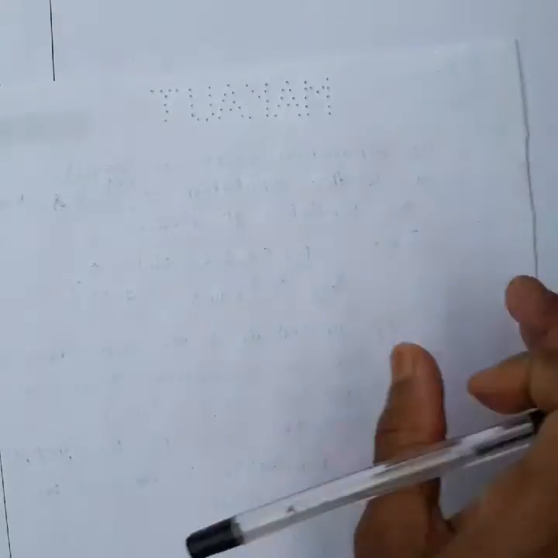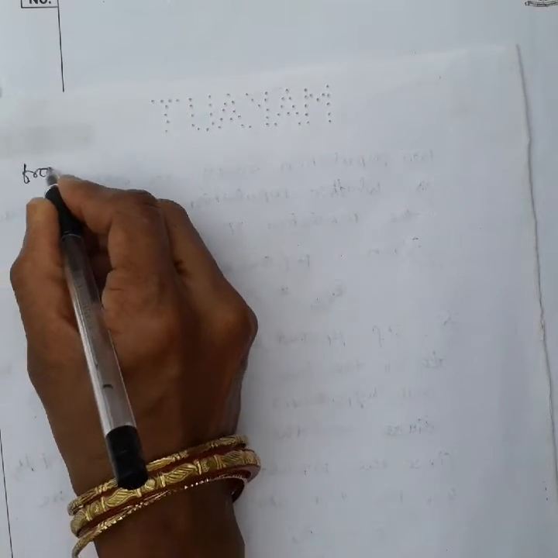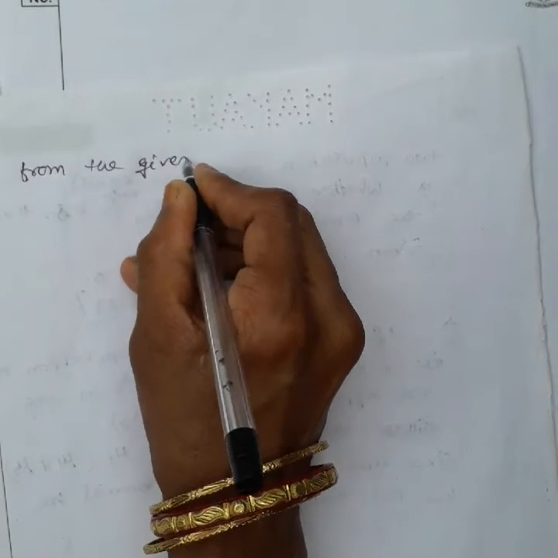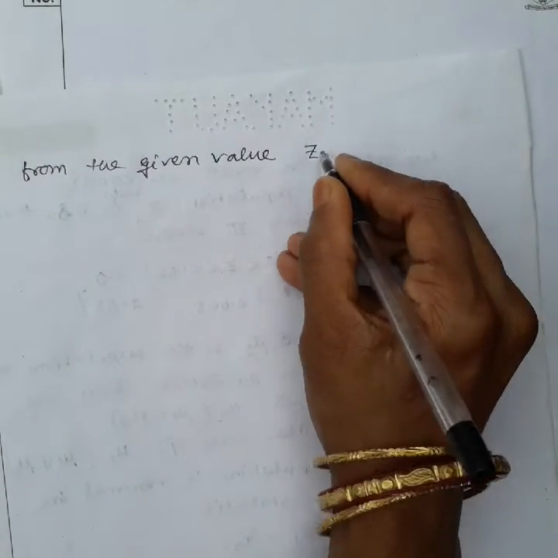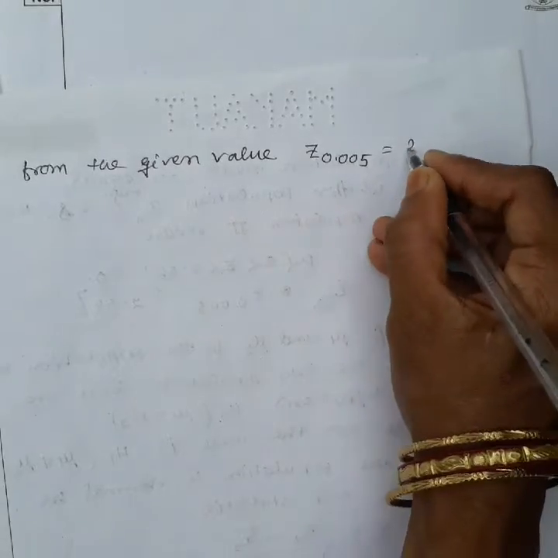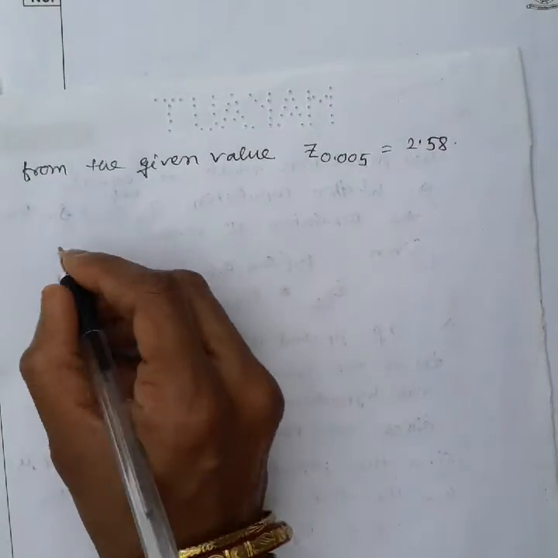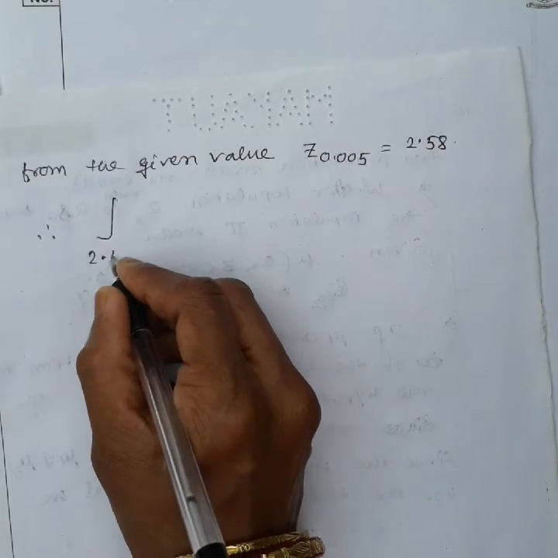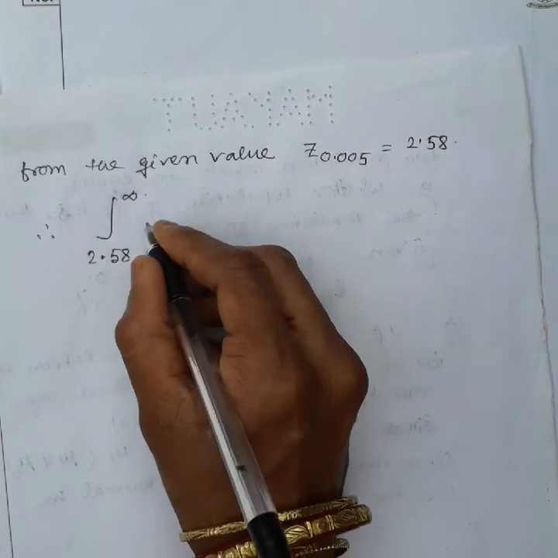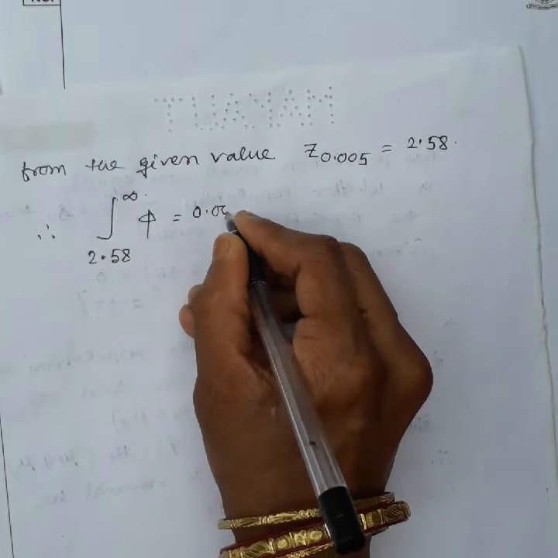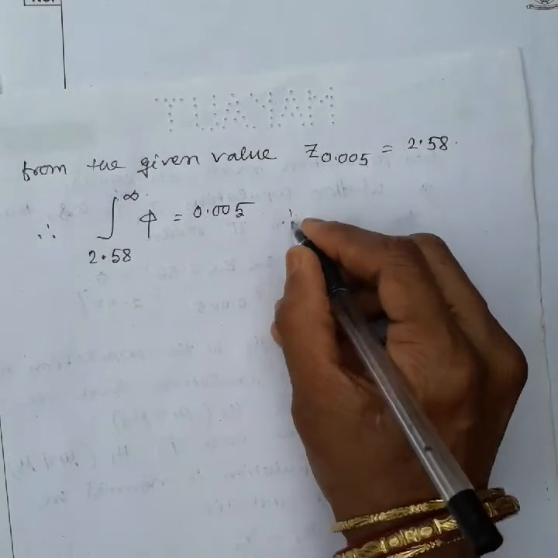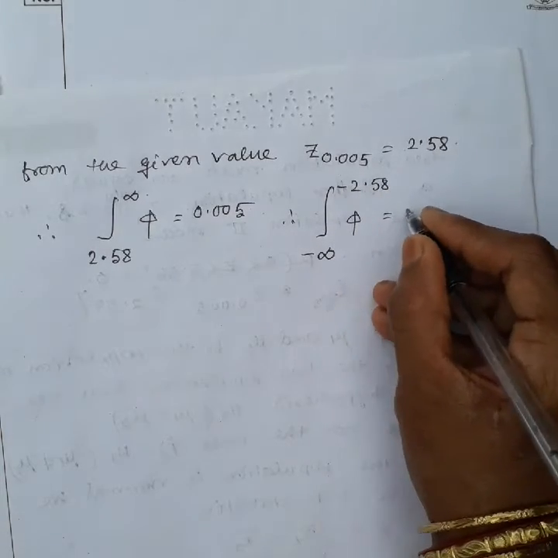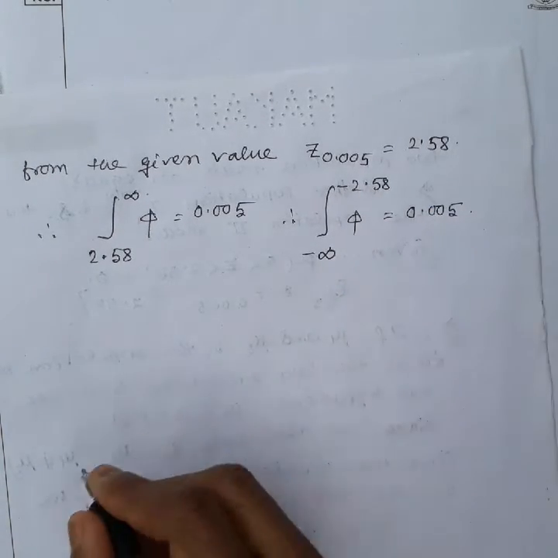Okay, and from the table, from the given value, z of 0.005 is equal to 2.58. So the integration of phi from 2.58 to infinity is equal to 0.005, and from minus infinity to minus 2.58, this is also 0.005.